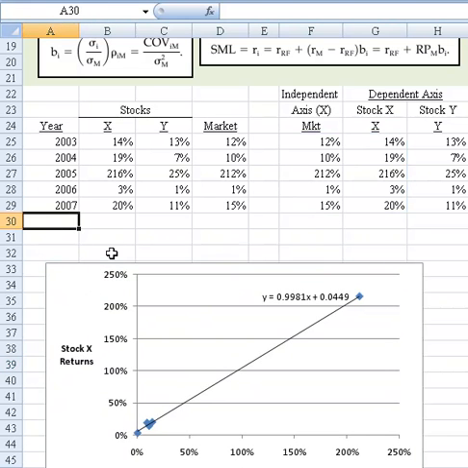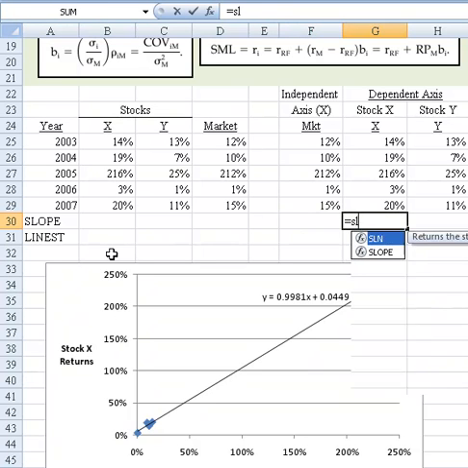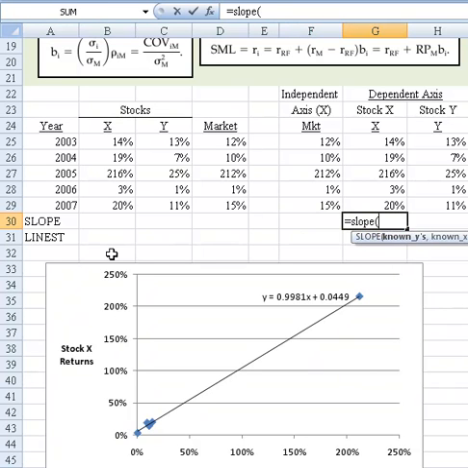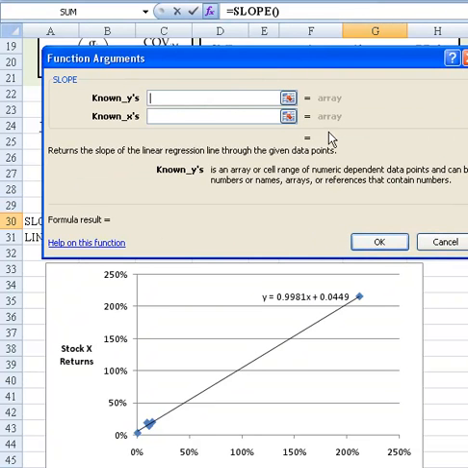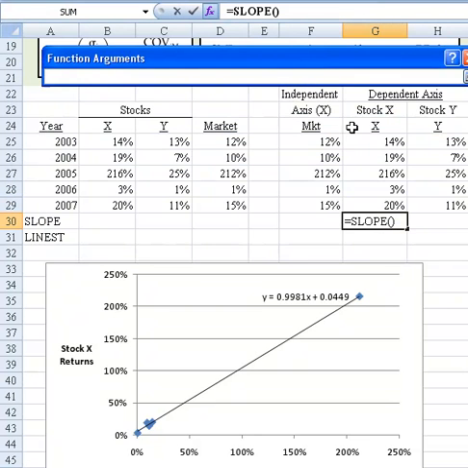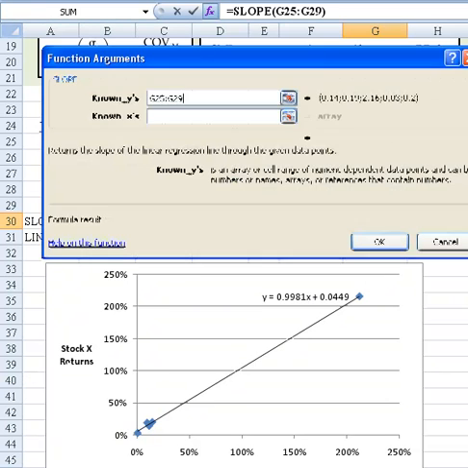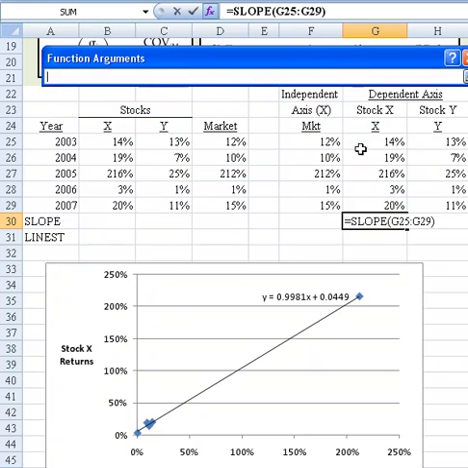Now we could use the SLOPE function or the LINEST function in Excel, and all of these will do the same thing. So I'll type in the word slope, hit my left paren, and call up the formula. It says give me the known y's, which happen to be stock X right there. Then we give it the known x's, which is the return on the market in the same period.